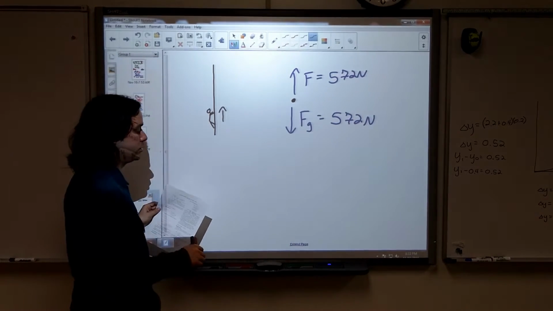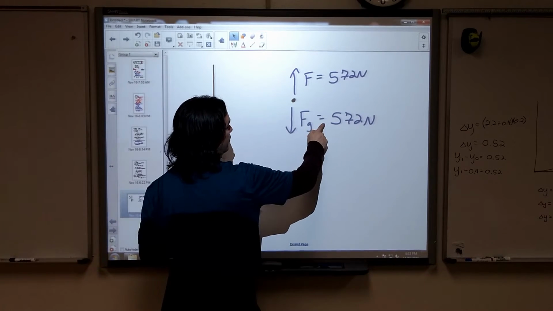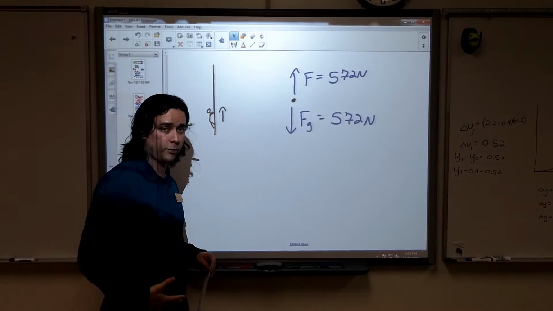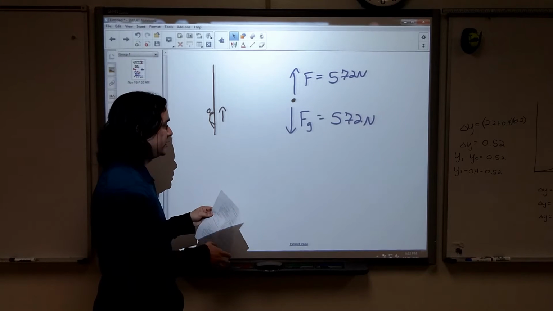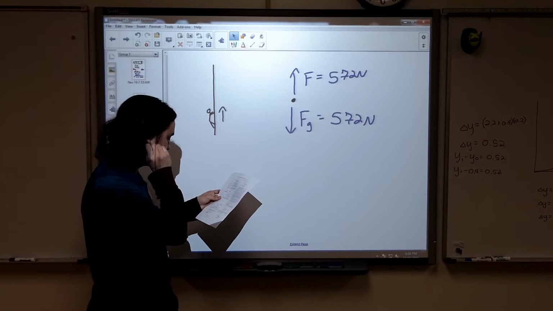Whatever you want to define weight to be, either the force of gravity or the normal force or some other force in response and balancing out gravity, you'd still end up with the same thing.